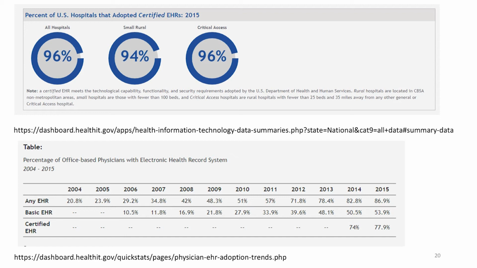And you can also see that for physician outpatient, we're still not at the same level as inpatient hospitals, but most physician practices now have some form of electronic health record, and if they don't, they probably will be bought by a health system that does. So I expect this number to get very close to 100% over the next 5 years.